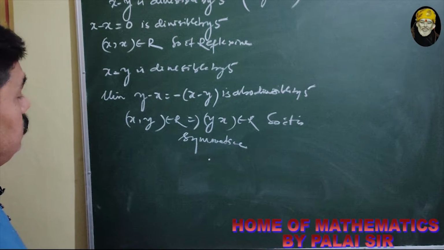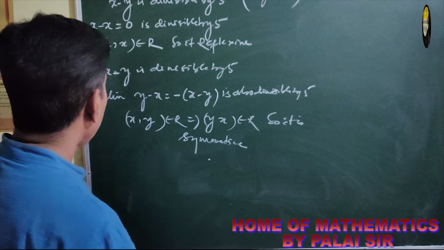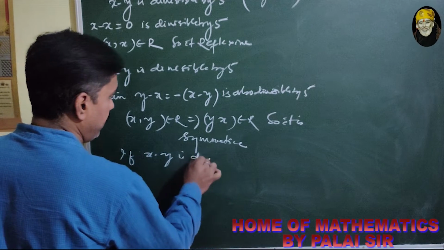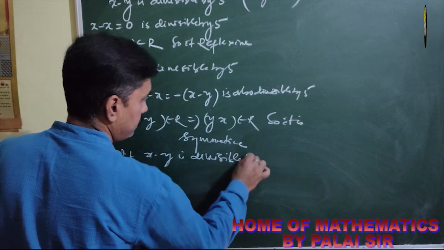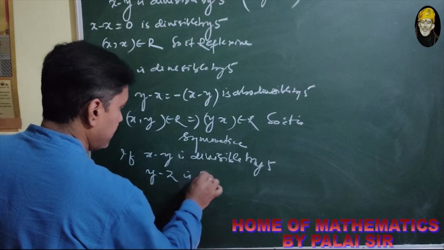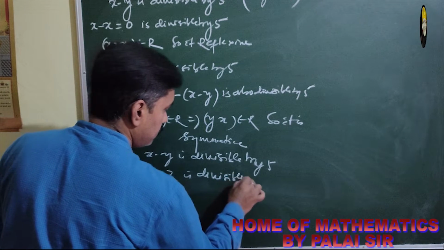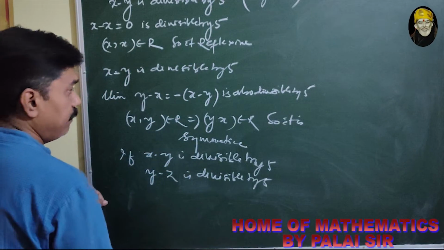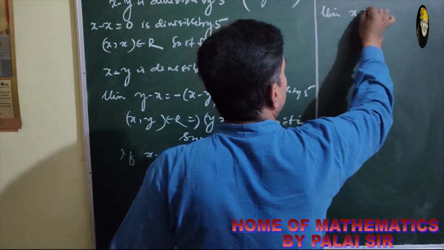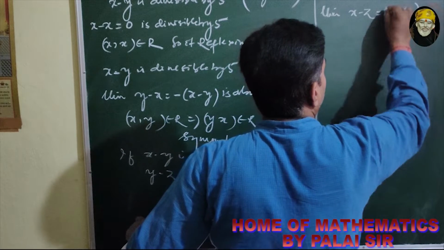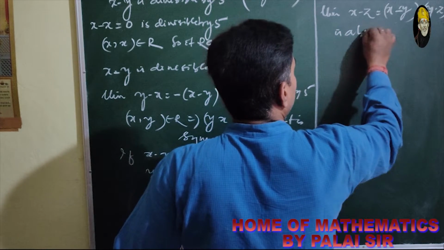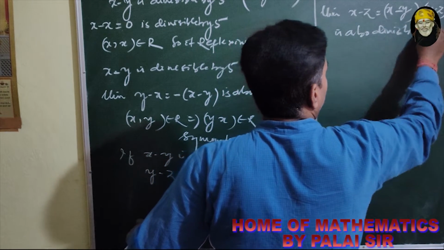Then your third case is transitive. So here, if x minus y is divisible by 5 and y minus z is divisible by 5, then x minus z, which is the sum of x minus y plus y minus z, is also divisible by 5.